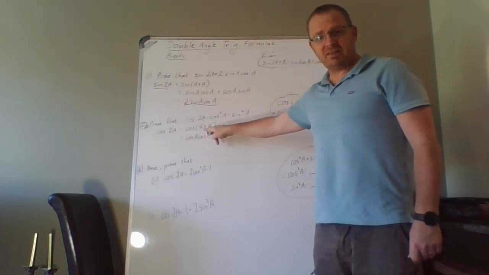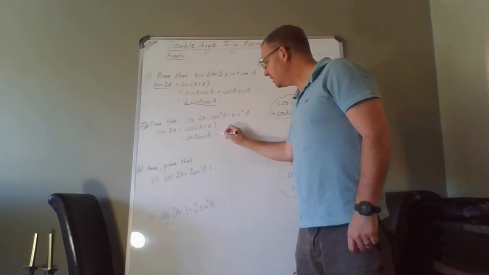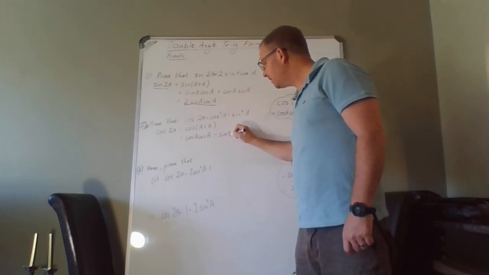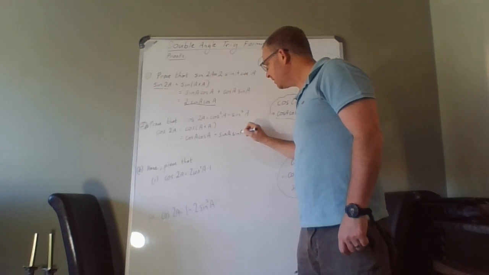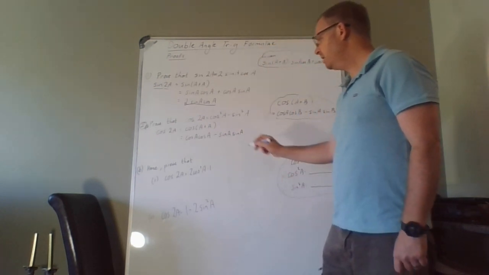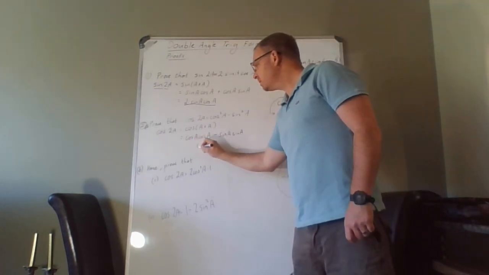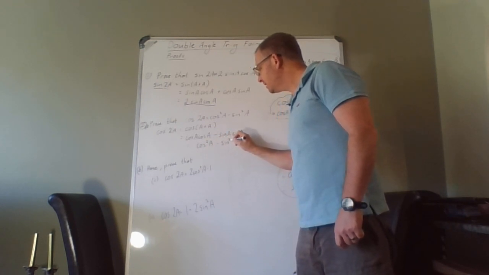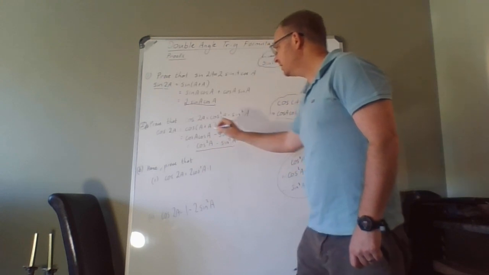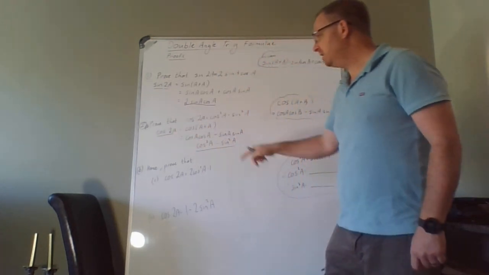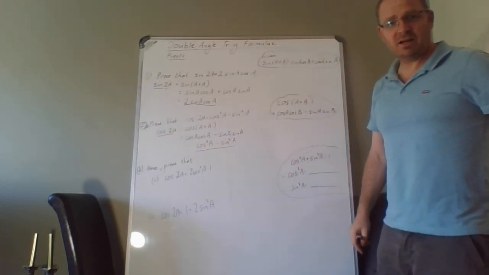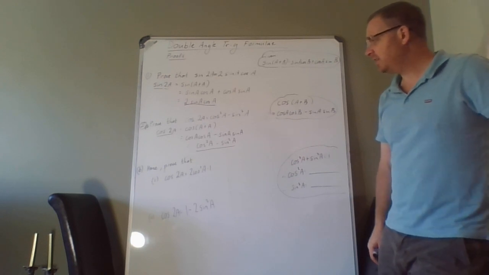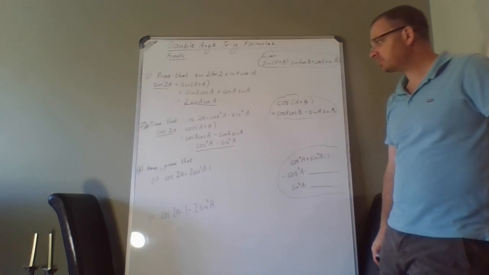What's messed up about it is the sign in the middle, so it's going to be the opposite sign, so it's going to be minus sine of the first angle, sine of the second angle, which is equal to cos A times cos A is cos squared A minus sine squared A. So cos of 2 times an angle is cos squared half that angle minus sine squared half that angle.